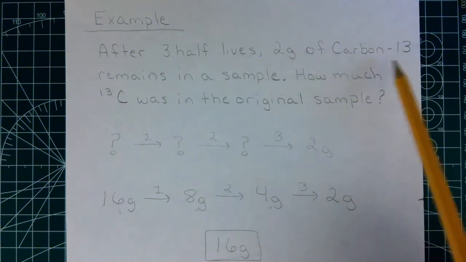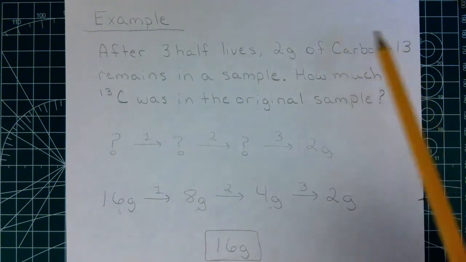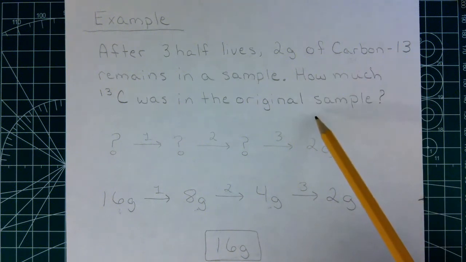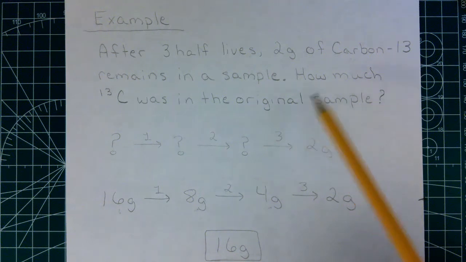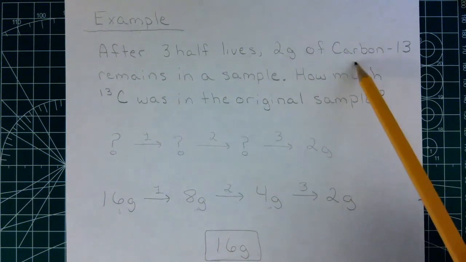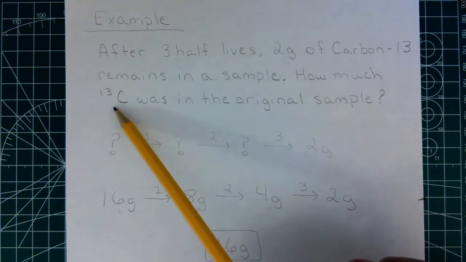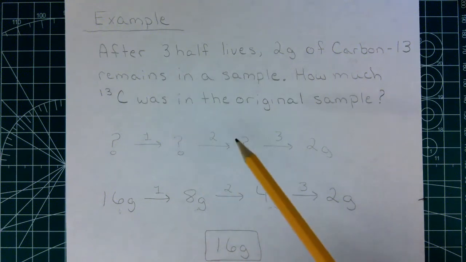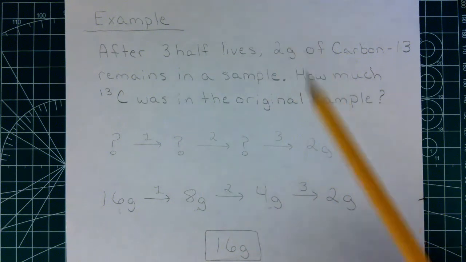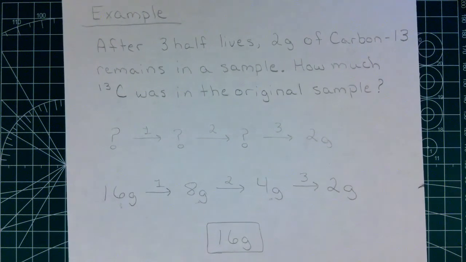We saw before it's about 1.1% of all carbon is carbon-13. But once it's trapped inside of an object, like a piece of paper, it will begin to decay. Knowing roughly how much carbon-13 we started off with, and then measuring how much is left in something, and using the half-life, we figure out how old something is. Which is pretty interesting that we're able to track back the age of different items.